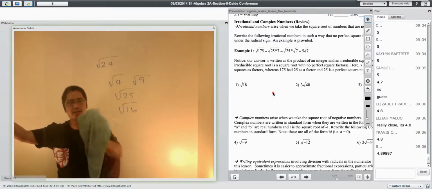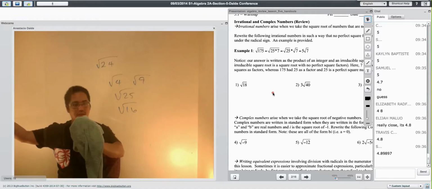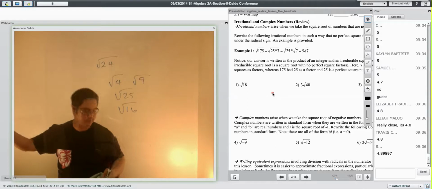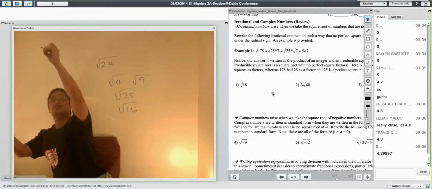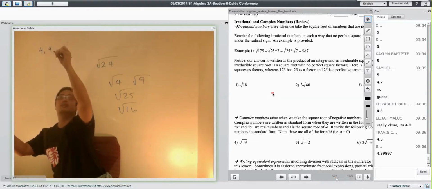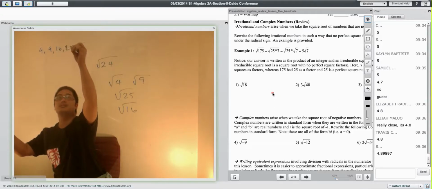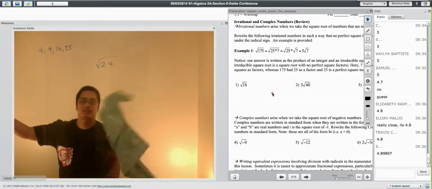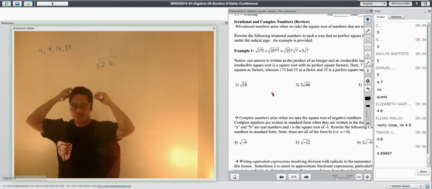But how can we make this thing simpler? By the way, I listed a bunch of numbers. I'm going to write those numbers down at the top. 4, 9, 16, 25. It's a special set of numbers.